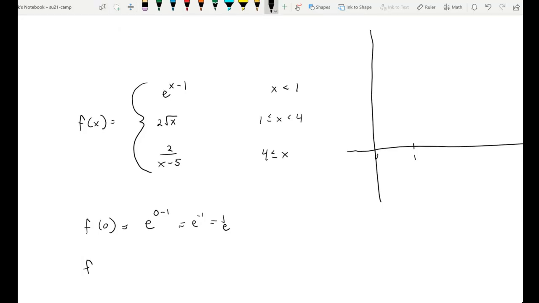And if somebody says, what's f at 1, what would you say? Well, you'd see that the second piece is used whenever x is at least 1, but strictly less than 4. So if x is 1, that falls into the second interval, and therefore we would use the second piece.